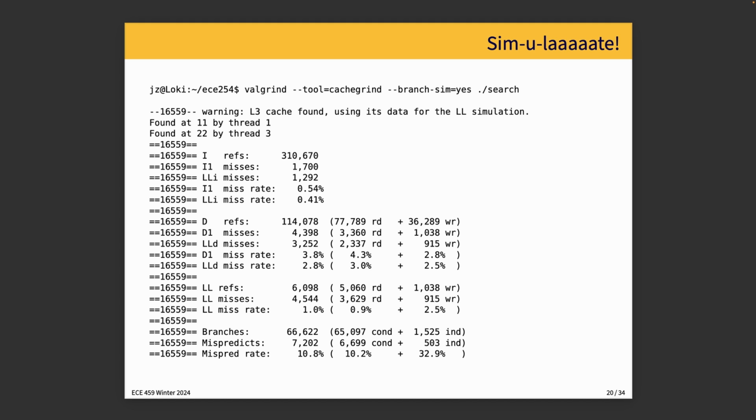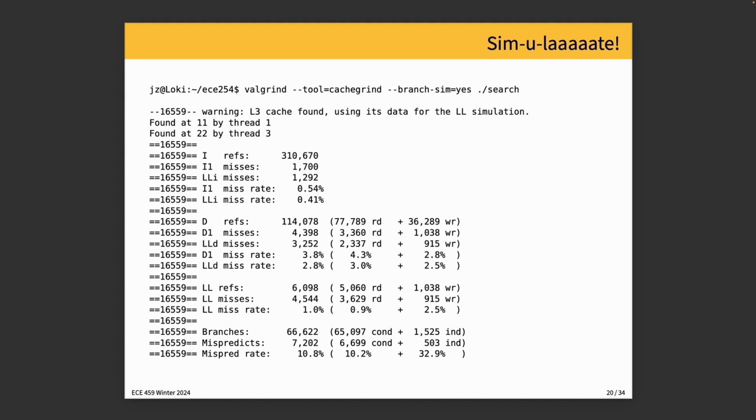Then we have data references, broken down again into how many misses we had in each, and we had last level references, and finally at the end we have a bunch of information about branches and branch mispredict rates. Turns out we actually have a fairly high branch mispredict rate in this program. It's a pretty trivial program.